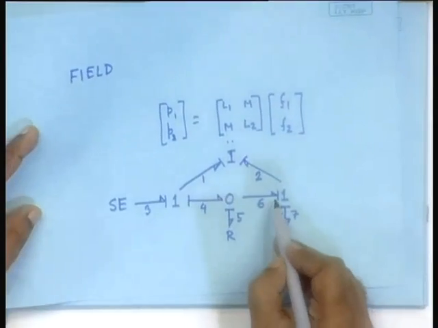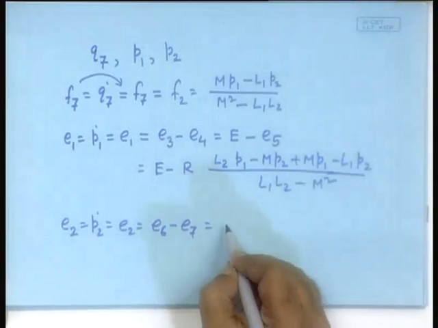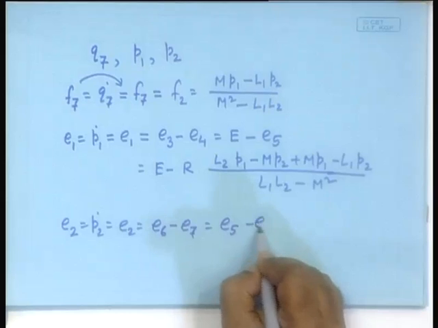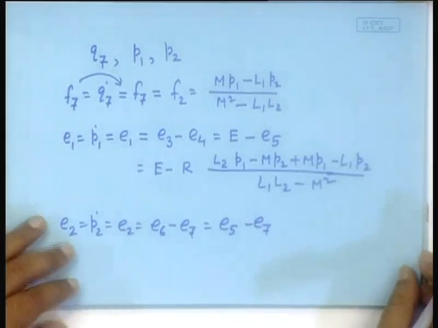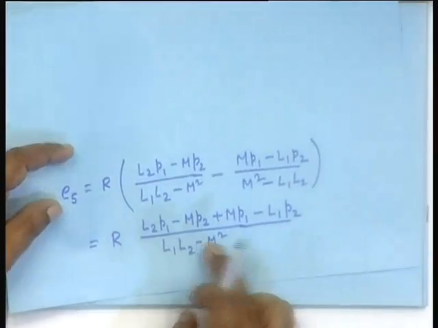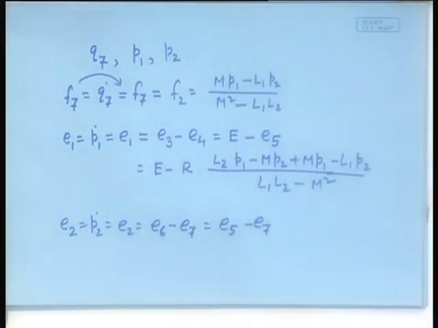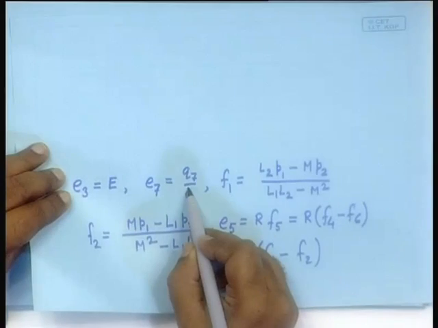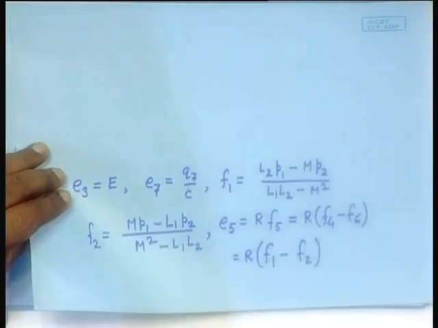Now, what is E6? E5. So, E5 minus E7, and both these are known. E5 is this and E7 is this. Substitute.